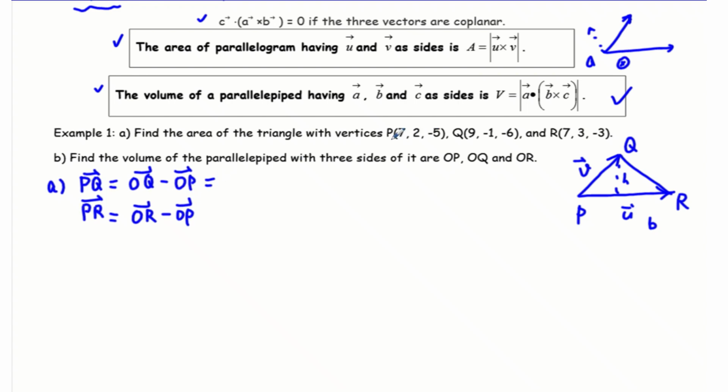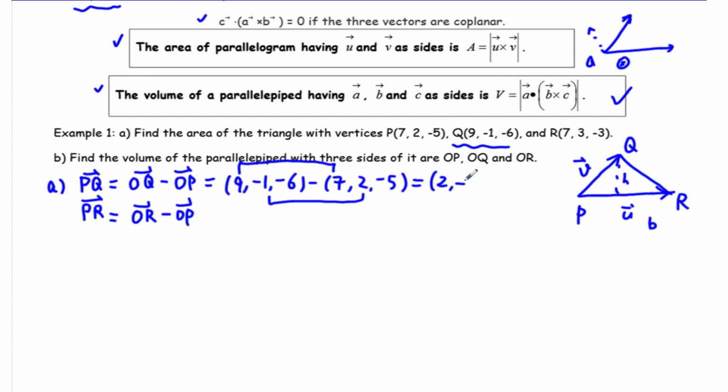OQ is just this point, 9, -1, -6, minus P, 7, 2, -5. Adding and subtracting, we just do x with x, y with y, z with z. So 9 minus 7 is 2, -1 minus 2 is -3, -6 minus -5 is +5, so -6 plus 5 is -1.